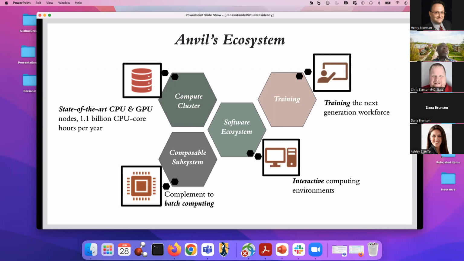The compute cluster makes available 1.1 billion CPU core hours per year. And the composable subsystem complements the batch computing, which is what most of us are used to.